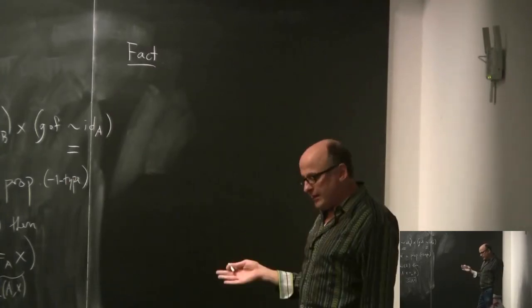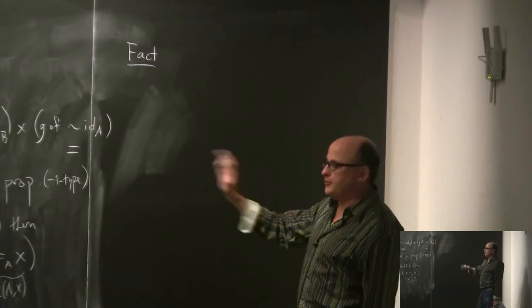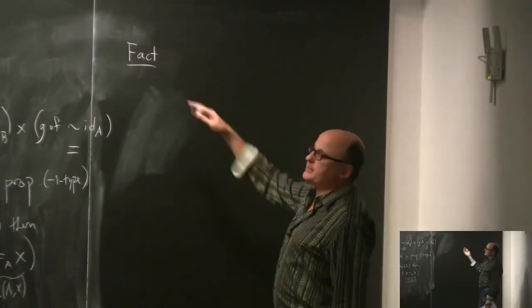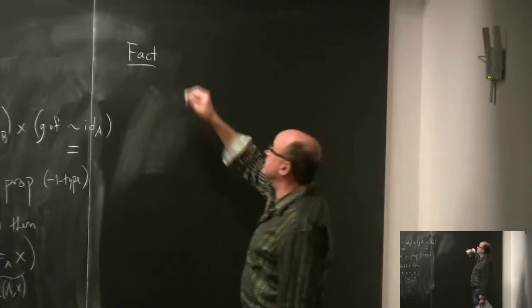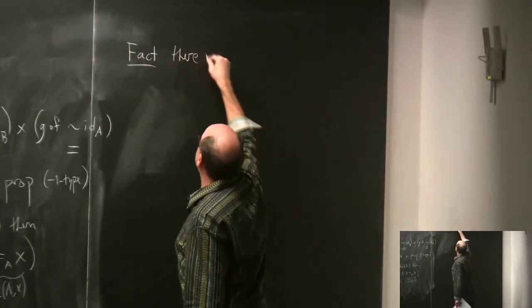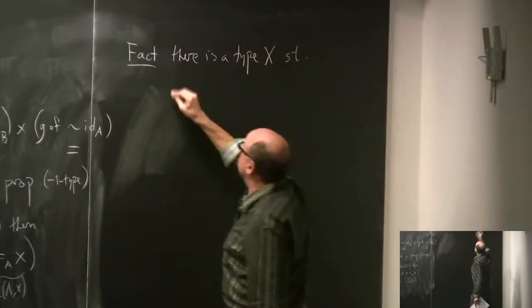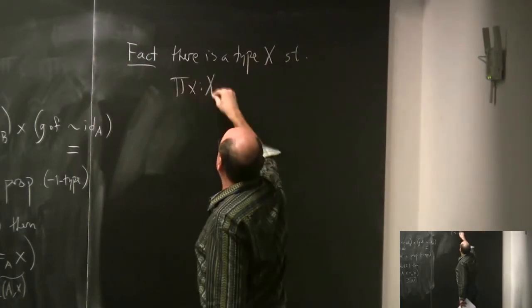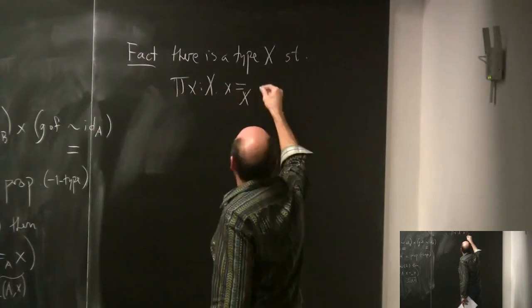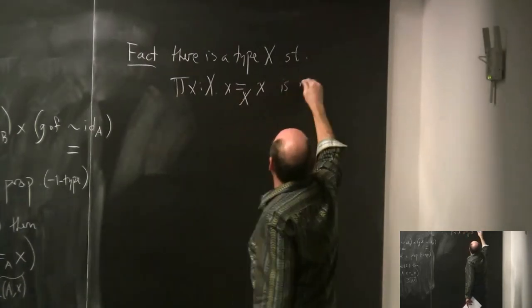The order of development of ideas in the book made it awkward at a certain point, so I'll just state it as a fact: there is a type X such that this product is not a proposition.